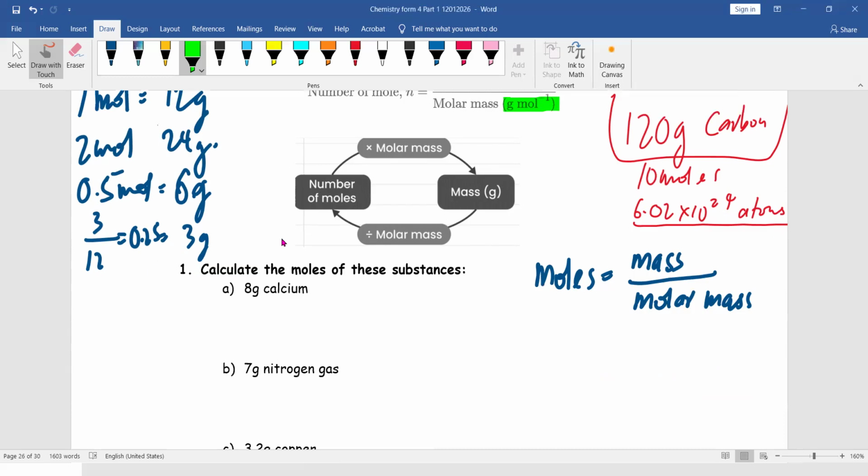Look at your periodic table and find calcium. Calculate. Okay, please write down the formula. They are looking for moles, right?